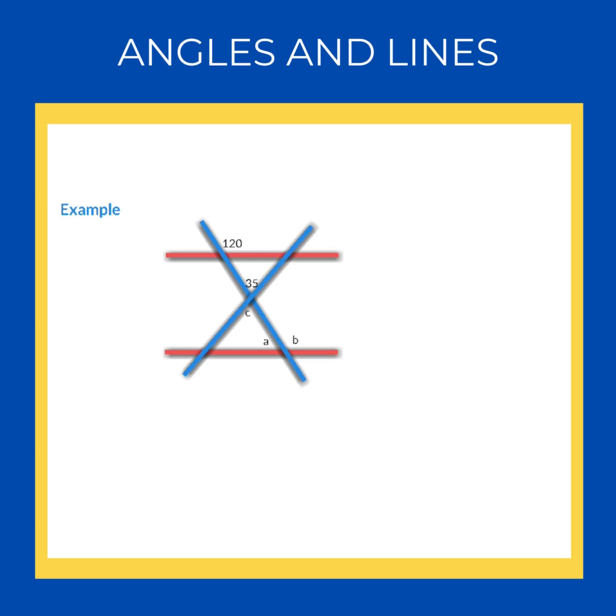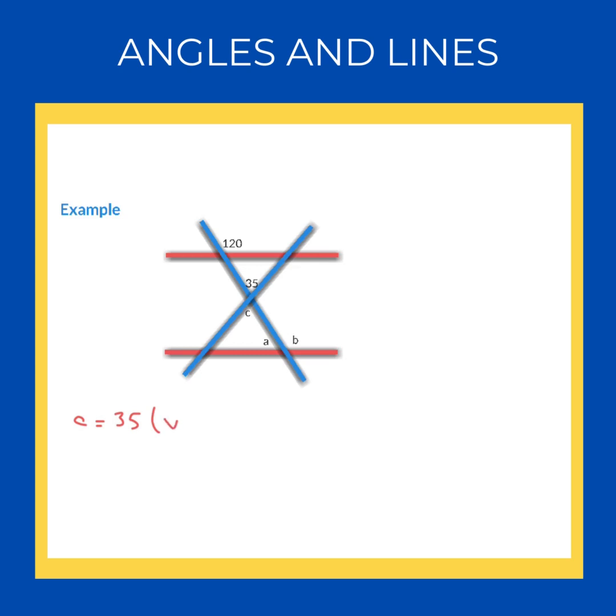Now in this example I'm given two parallel lines and two transversal lines. So this angle here is 120 degrees, this angle is 35 degrees, this is C, this is A, this is B. And I need to find the value of A, the value of B, and the value of C. Now the value of C is equal to 35 degrees, because the angle C and the 35 degree angle are vertically opposite angles.